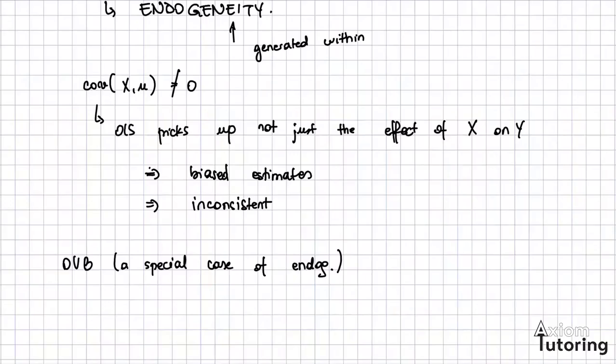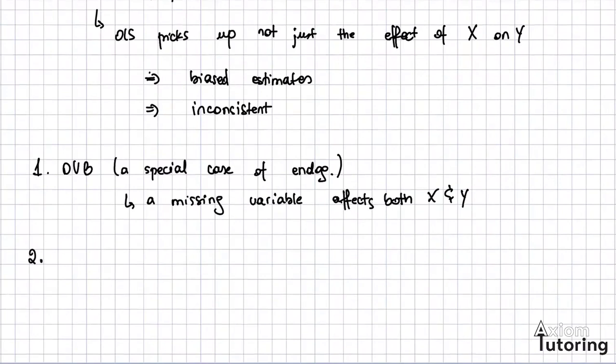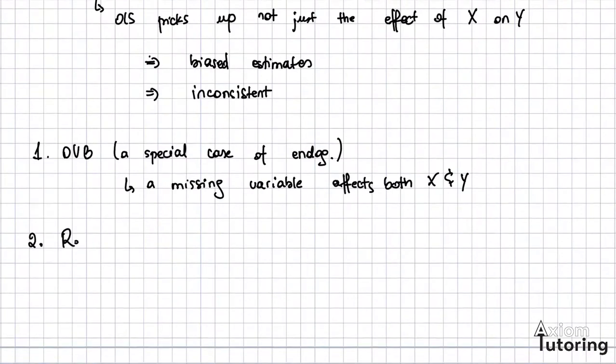There are also other main sources of endogeneity apart from omitted variable bias. Omitted variable bias is one of these special cases where, as we said, a missing variable affects both X and Y. The other form of endogeneity is reverse causality, which means Y also causes X, not just the other way around.